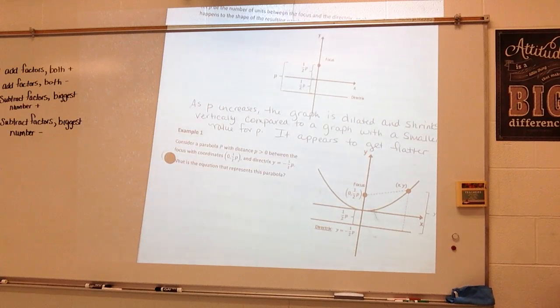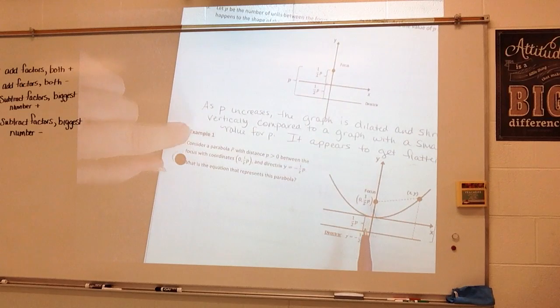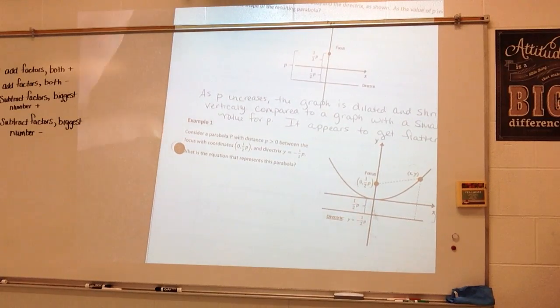Example number 1. Consider a parabola with a distance of p, where p is greater than 0, between the focus with coordinates (0, 1/2 p) and the directrix y equals negative 1/2 p. What is the equation that represents this parabola? It tells us that p, the distance, is greater than 0.